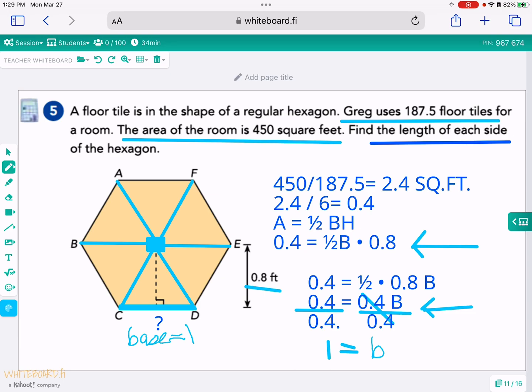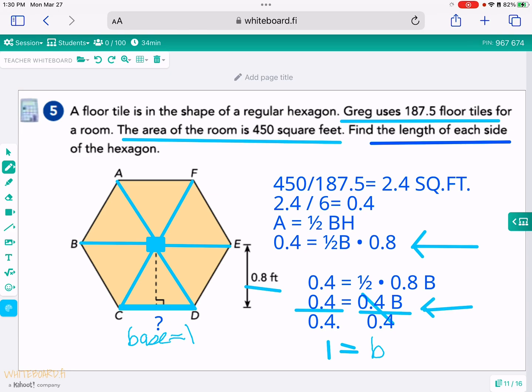All right, so now at this point, I can go ahead and figure out what the area of the whole thing is. So this is just a matter of checking myself. I'm going to multiply just opposite, right?